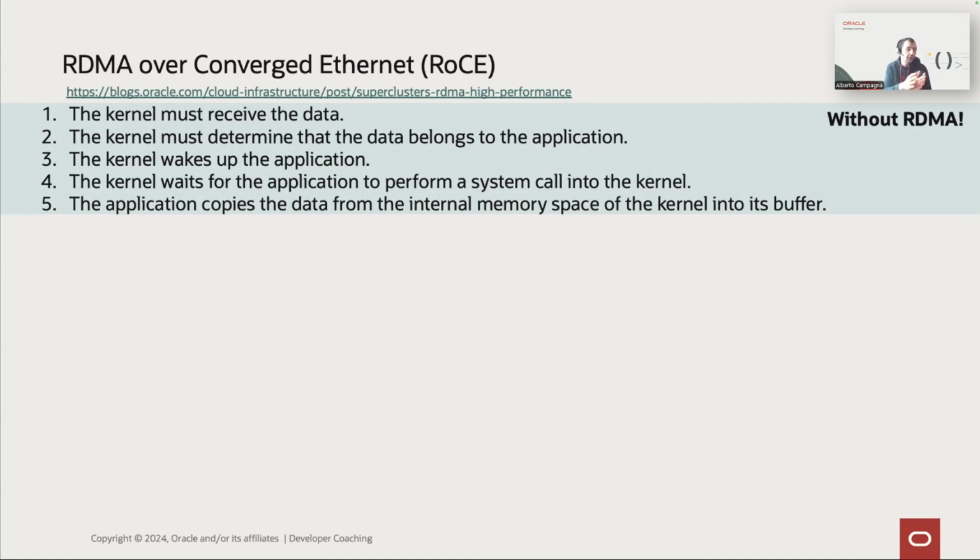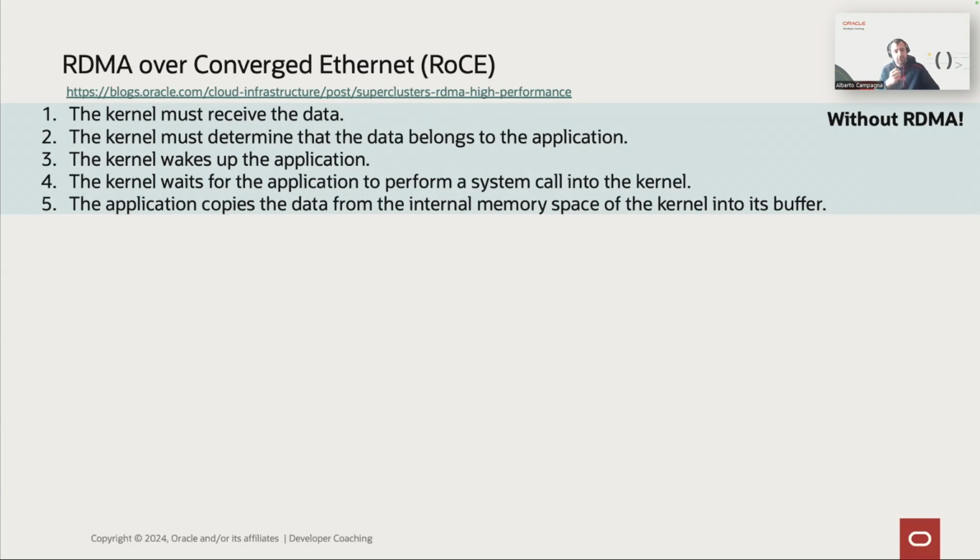Then the kernel in that node must determine that the data belongs to the receiver application. Then the kernel needs to wake up the application, and then wait for the application to perform a system call into the kernel, that is, the application saying, I'm alive, I'm ready to receive packets. And then the application needs to copy the packets from the kernel space to the application space.